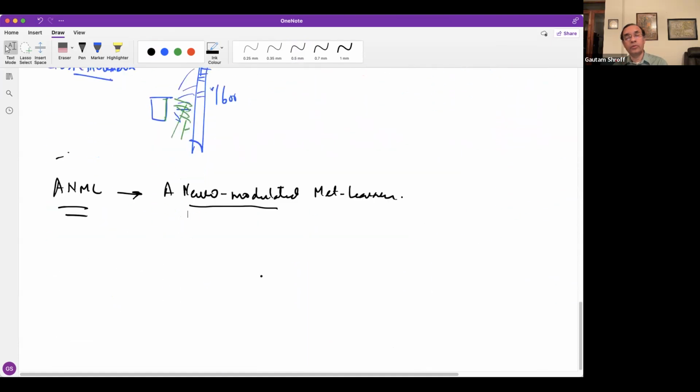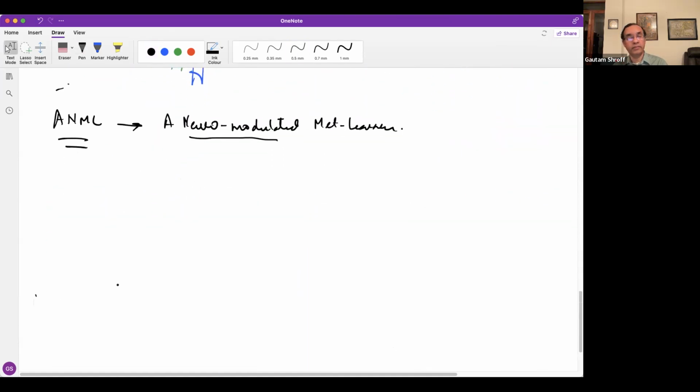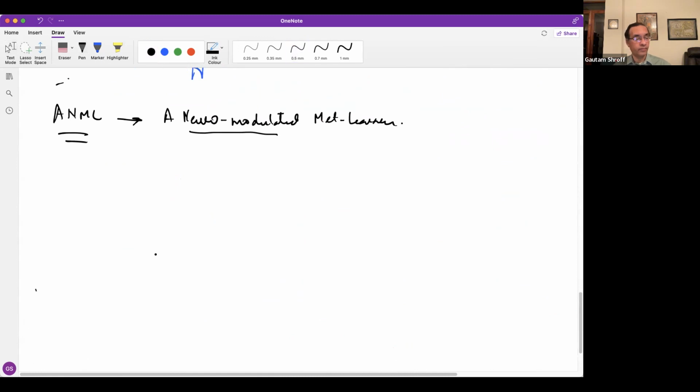So what this does is it basically has two networks. There's a normal predictive network. It produces some output and that goes out to a softmax. And this is your softmax output.